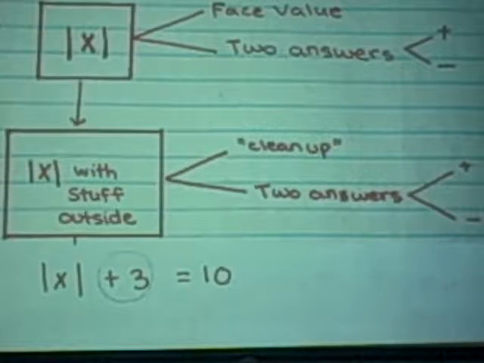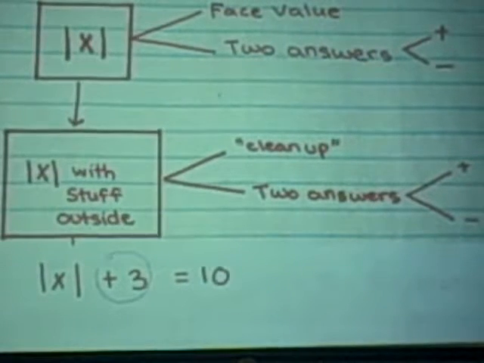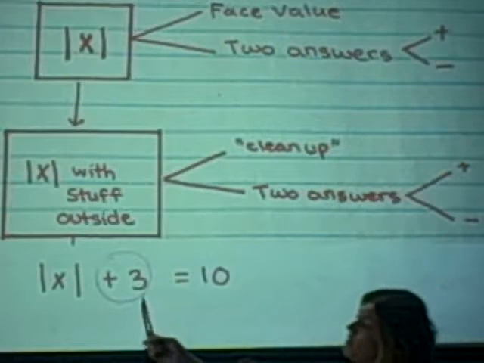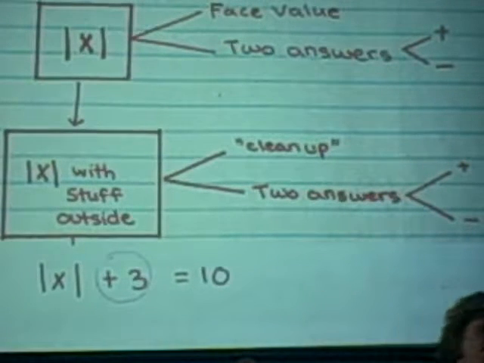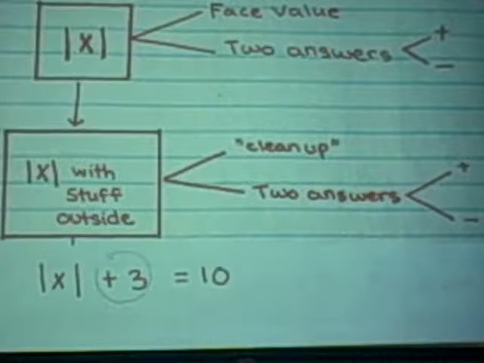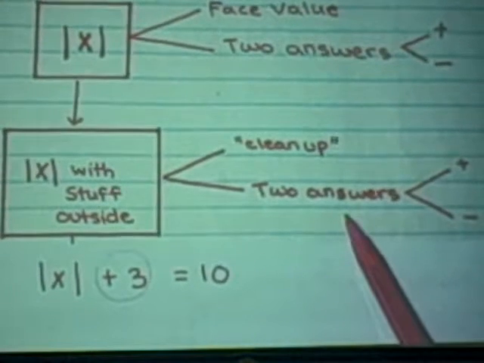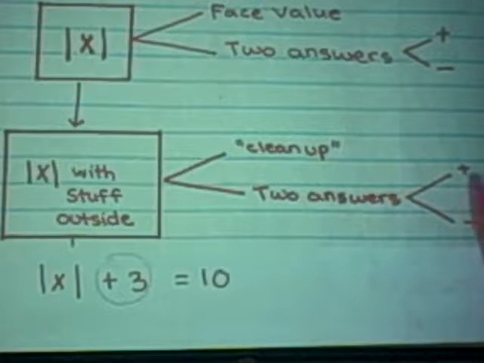And how do we get rid of stuff outside of the absolute value mark? Add it or subtract it, multiply or divide it, right? We do the opposite of the math involved. So how would we get rid of this plus 3? Subtract a 3 from both sides. On this particular type of problem, there are 2 answers, and one is positive and one is negative.